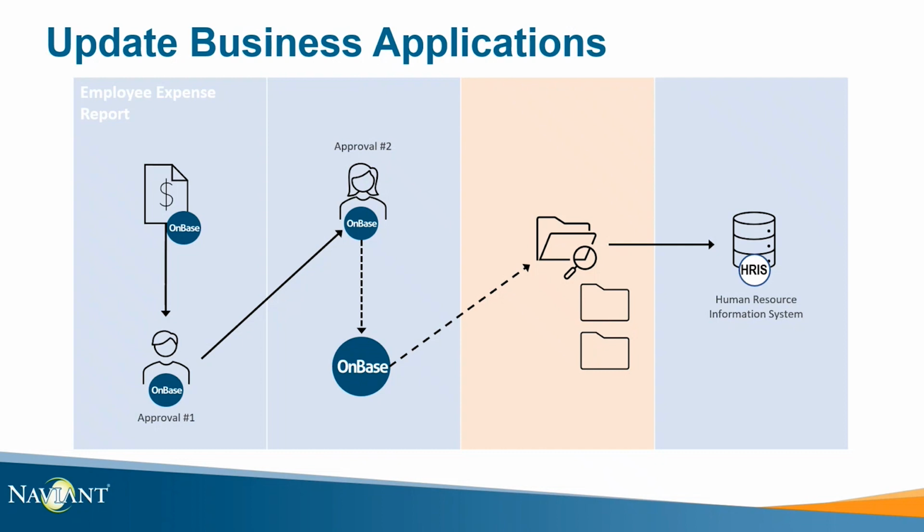However, for the employee to actually be reimbursed, we've got to move that information over to our HRIS system. And how do we do that? Using Workflow, we can create an action to export the metadata and properties out to some sort of directory.